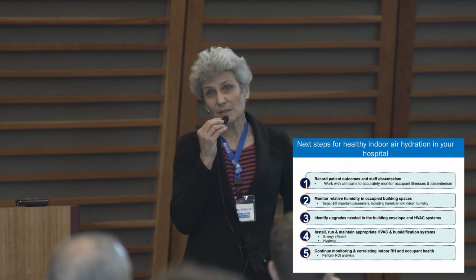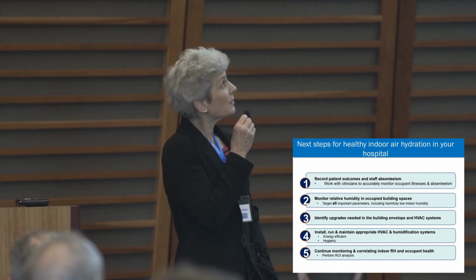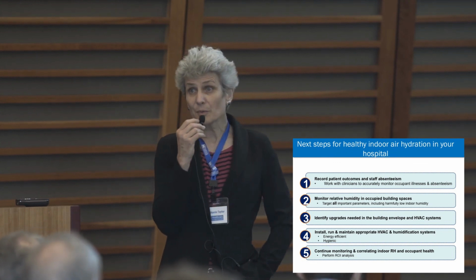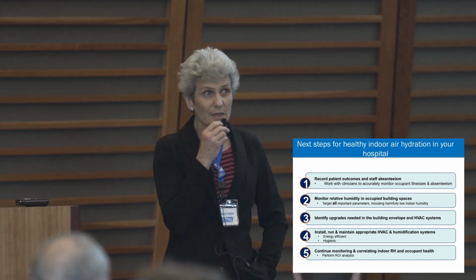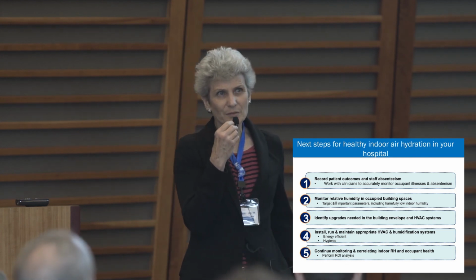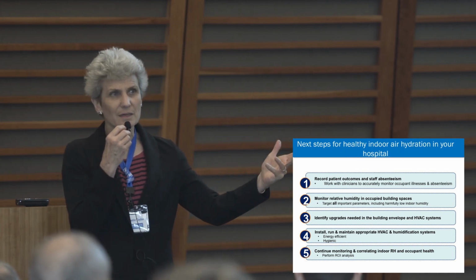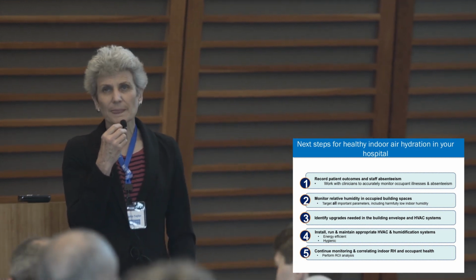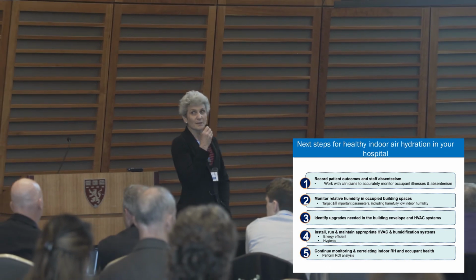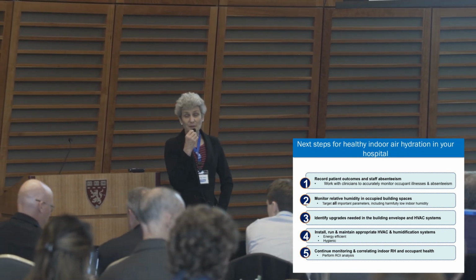And then if you decide dry indoor air is a problem, get an appropriate humidifier. Get one that's hygienic and low energy. If you need to fix your envelope, your building envelope, I know this is wishful thinking because there's a lot of money needed to renovate envelopes. But maybe we need to start insulating more effectively.